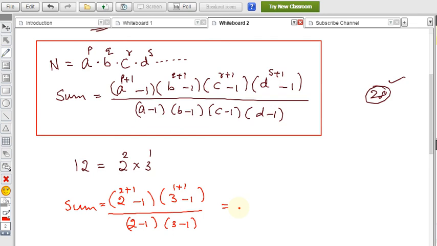Let us simplify this: 2 power 3 minus 1 and 3 power 2 minus 1, divided by 2 minus 1 is 1, 3 minus 1 is 2.